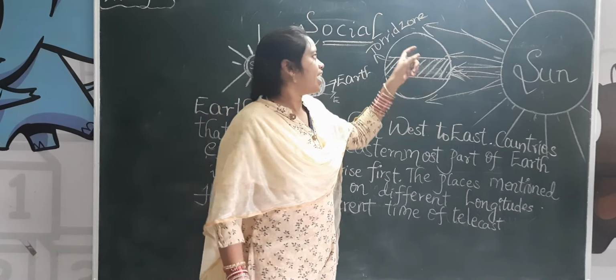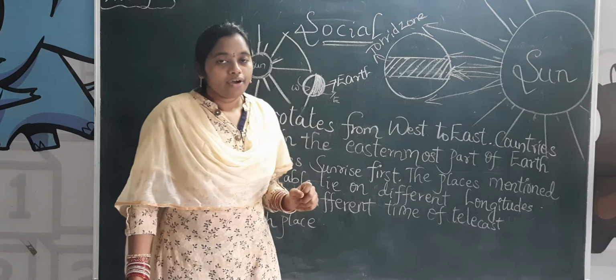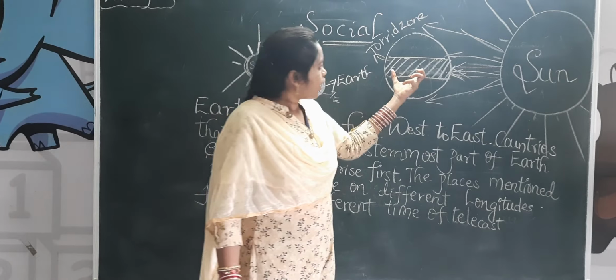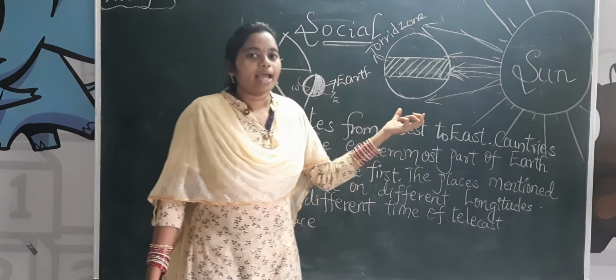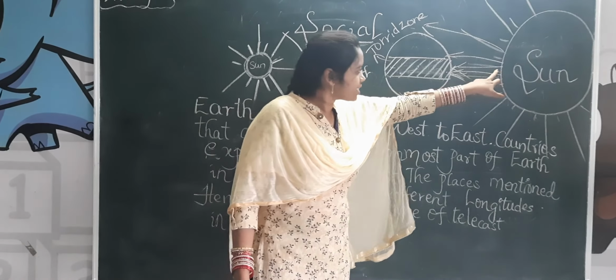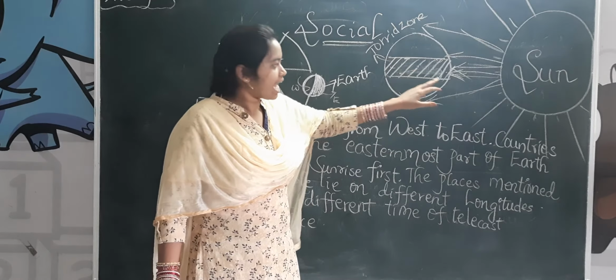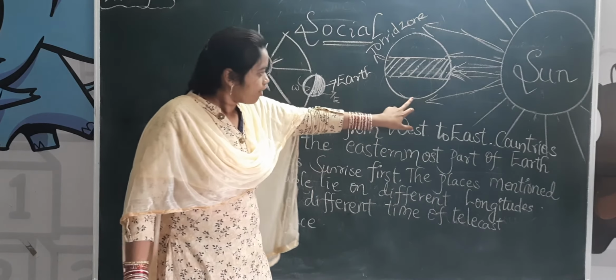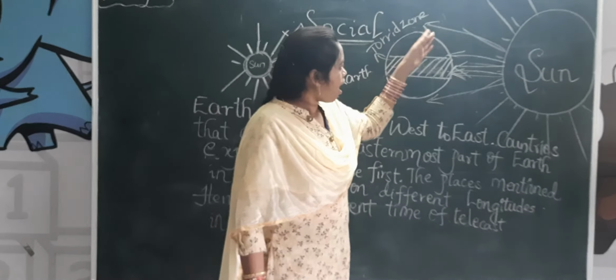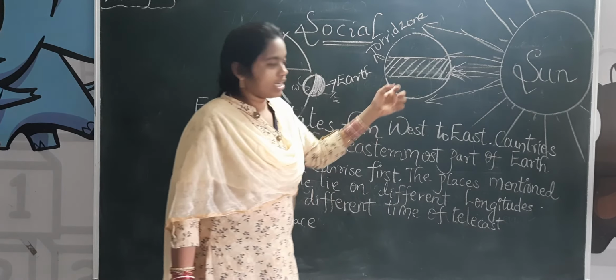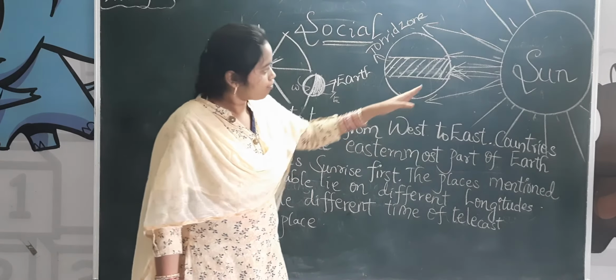Why does only this place get more heat? Because the sun rays fall directly on this region. They fall only slightly on the regions above and below. Slightly here, but directly here. That is the main difference.